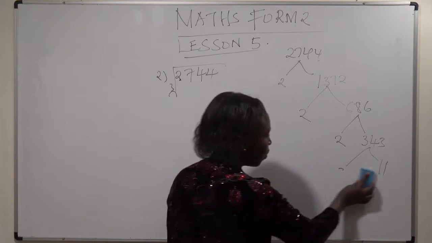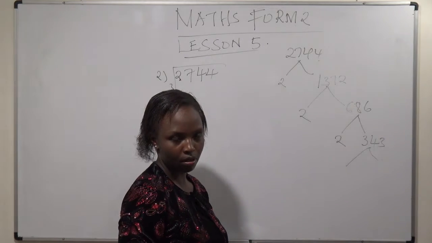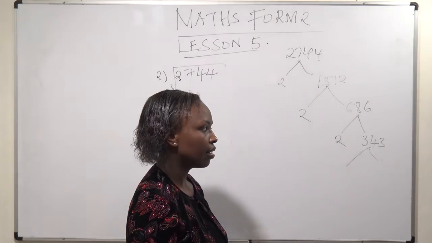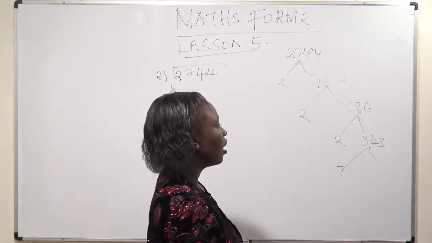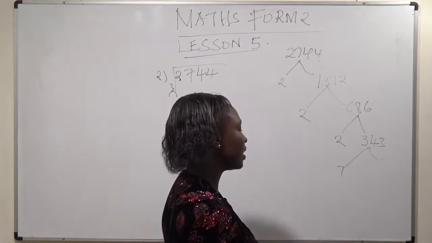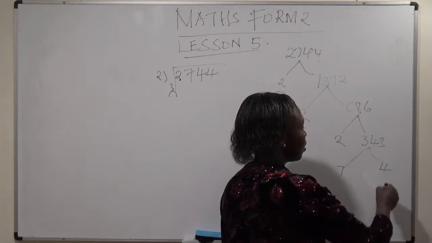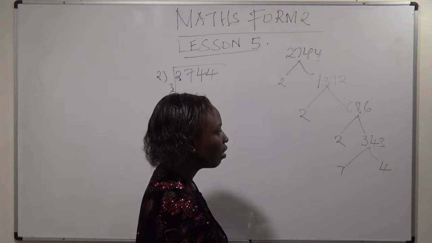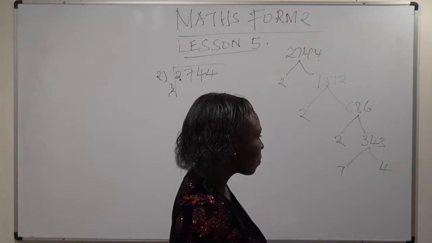So 3 is also not possible. 4, not possible. 5, not possible. 6, once again not possible. 7, can we try 7? Yes. If you take 343 divided by 7, 7 times 4 you get 28. Then 34 minus 28 you get what?